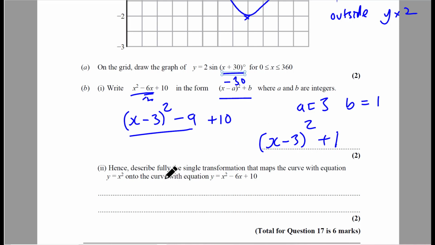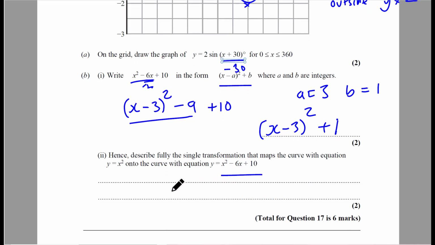Hence describe fully the single transformation that maps the curve equation y equals x squared onto this curve. Right, so remember what I said. Inside the bracket is the x, affects the x. Outside is the y.